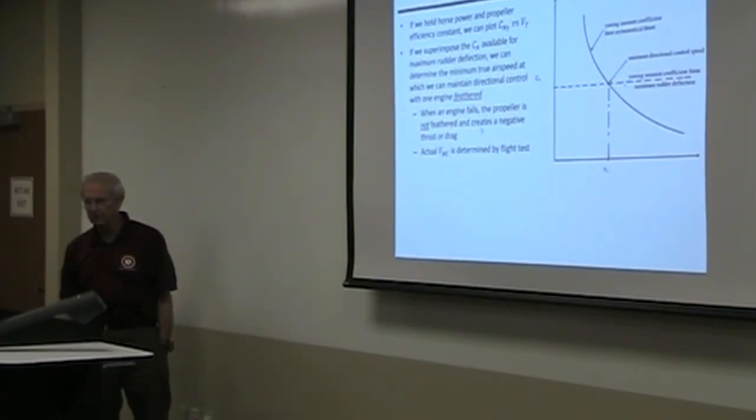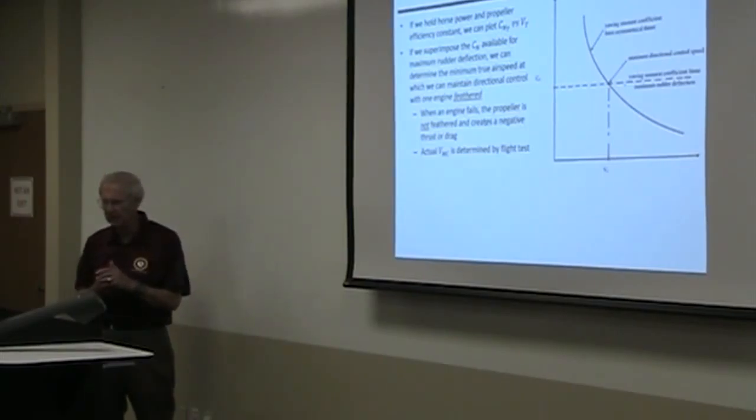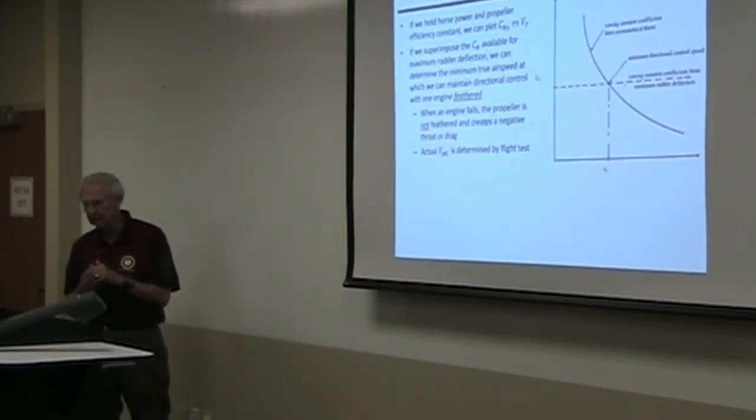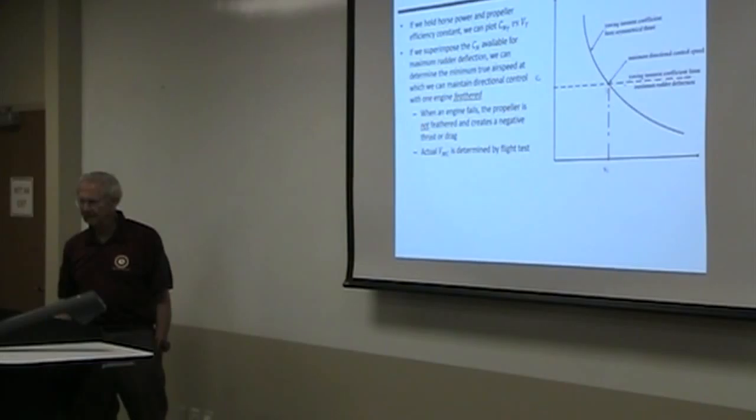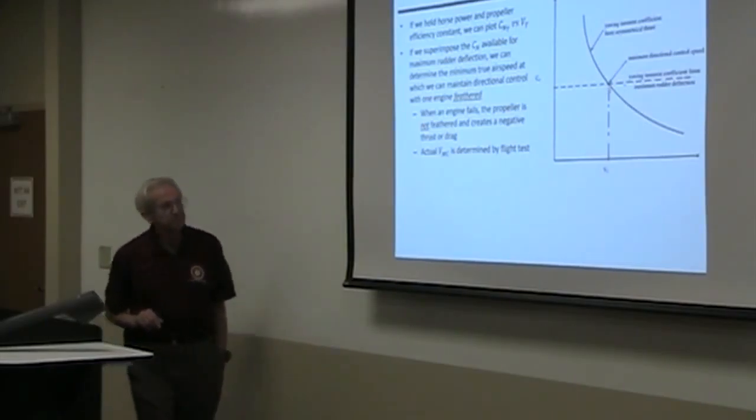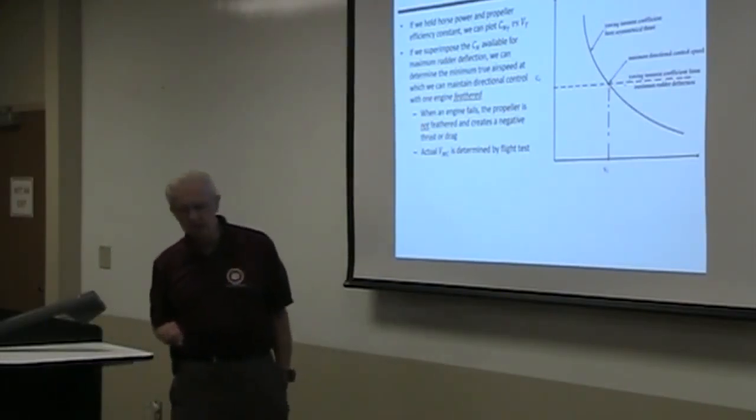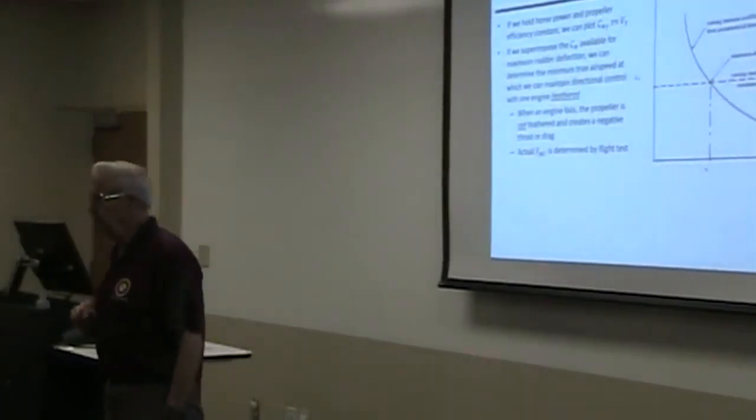Well, if an engine fails and the propeller isn't feathered, it creates negative thrust, or drag. This plot that I've drawn here is just to give you an idea of what the minimum control airspeed is going to be.